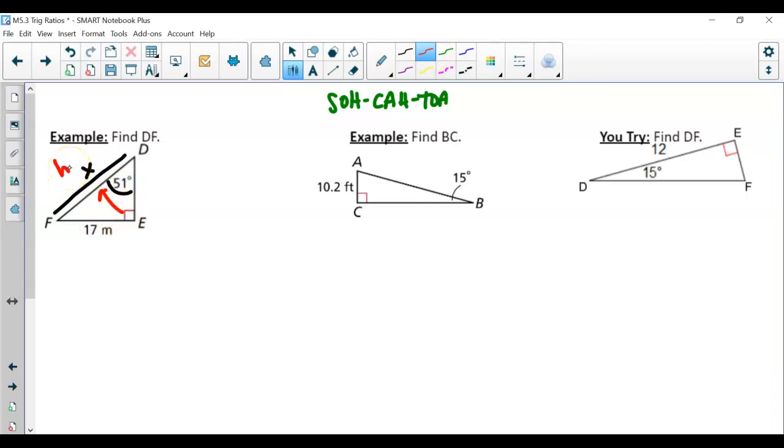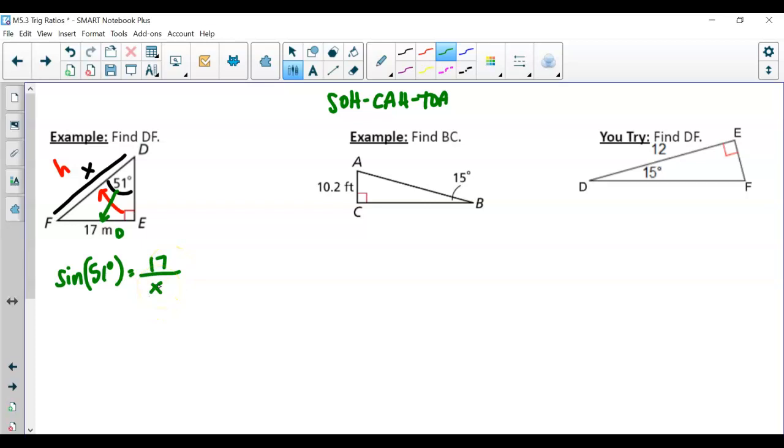So this is what we're looking for. So what does the 17 represent from our reference angle? It is the opposite. So opposite and hypotenuse, we're going to use sine of our reference angle, right? 51 degrees. Now that is equal to the opposite, which is 17, to our hypotenuse, which is x.